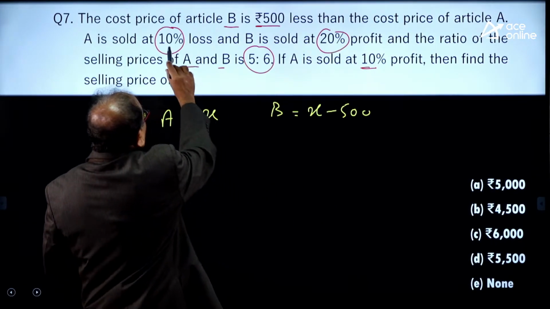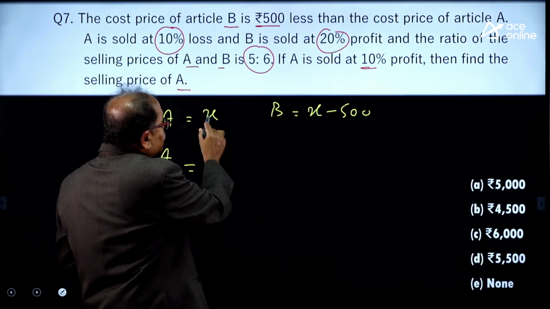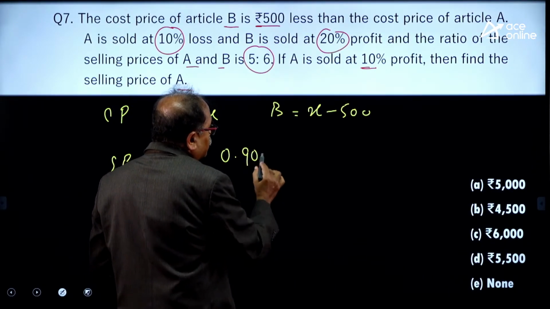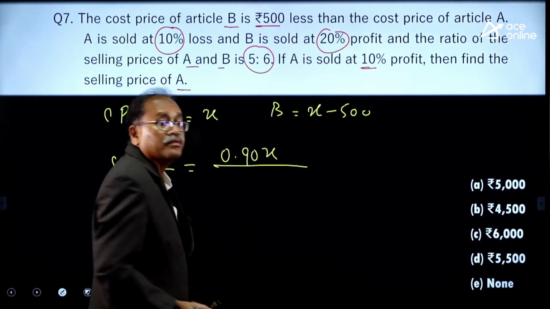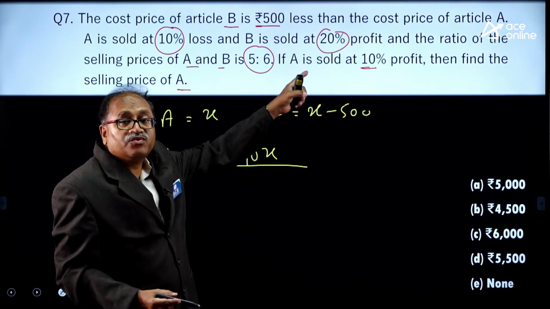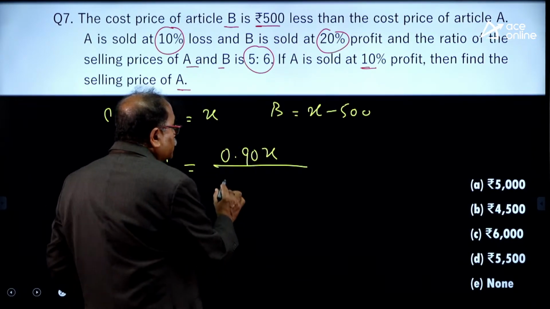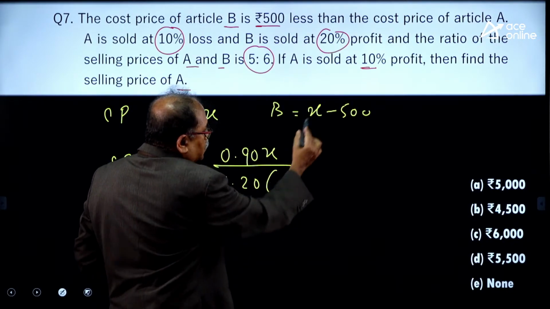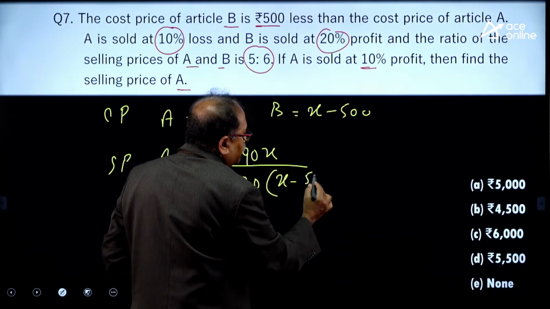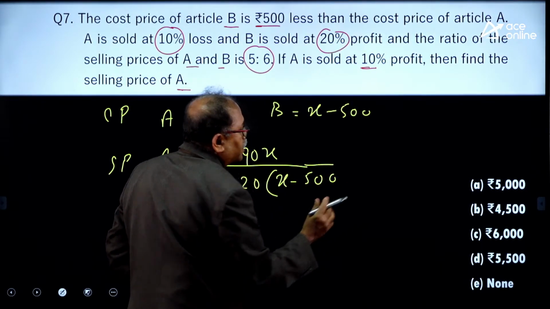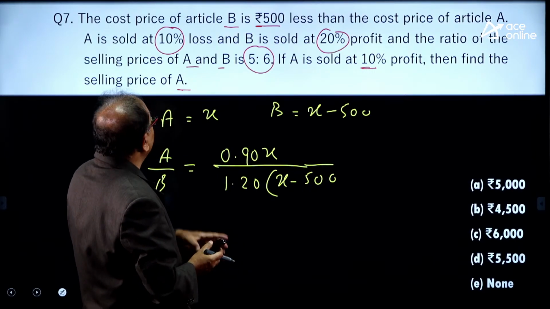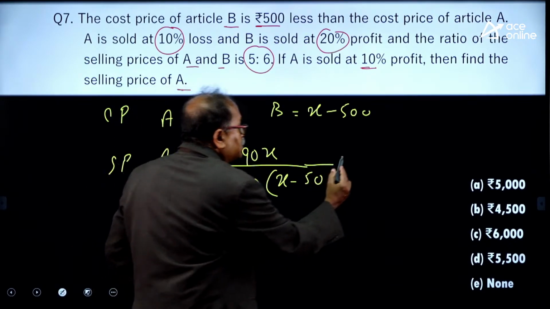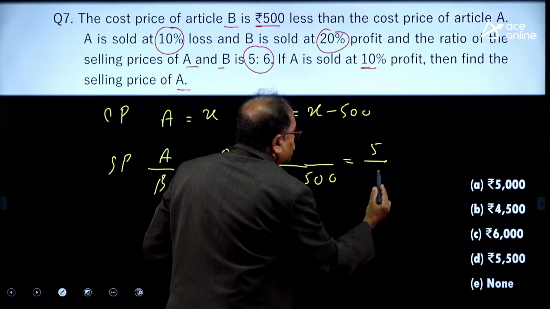A sold at 10% loss, that means 90% of X, 0.90X. B sold this at 20% profit, that means 1.20 of the cost price, that is X minus 500, and the selling price ratio is given to us, that is 5:6, which is equal to 5/6.